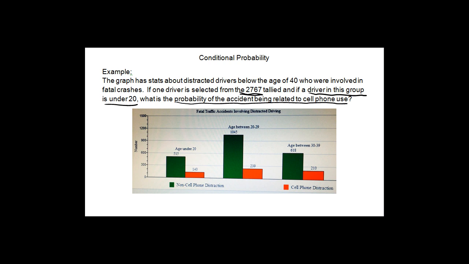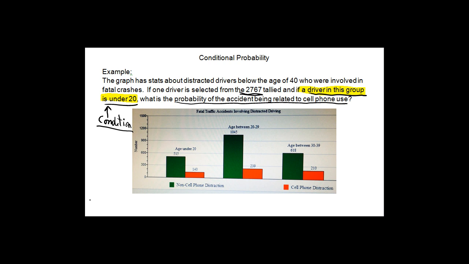So I hope what you've noticed by reading through that is they've given us a condition. If a driver in this group is under 20, that's the condition they've given us in that problem. So this is a conditional probability.